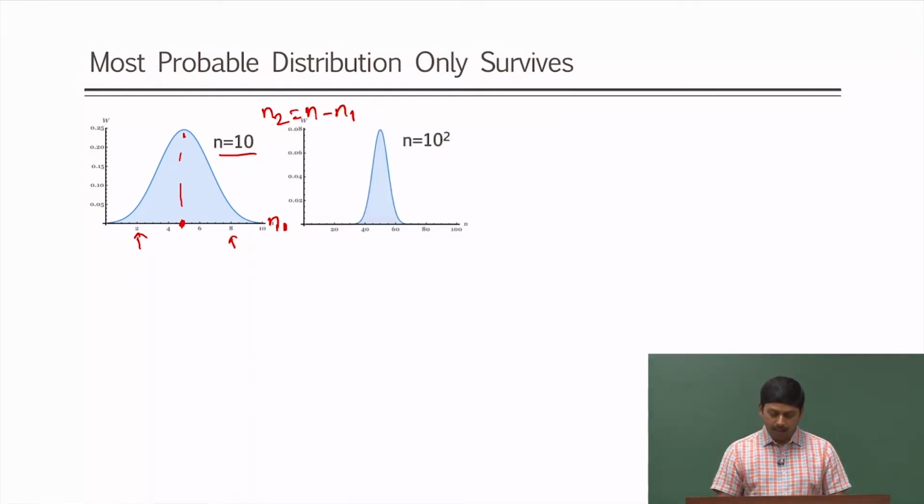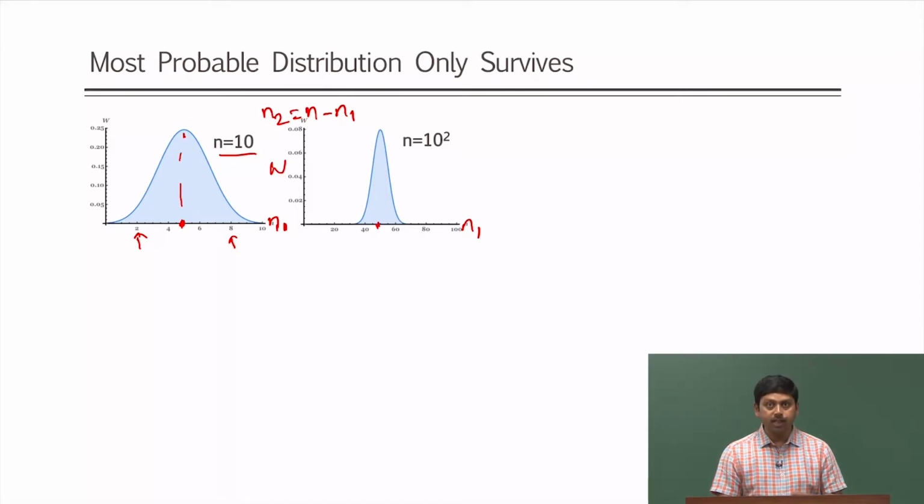Whenever there is a deviation from half, which is 5 in this case, there is a lesser value of W. Here we have plotted N1 and W again, and you see that the maximum is at N1 equal to 50, because the total number is 100, and it falls quickly by 40 itself.